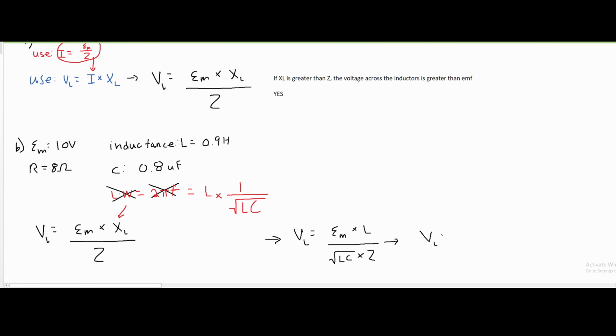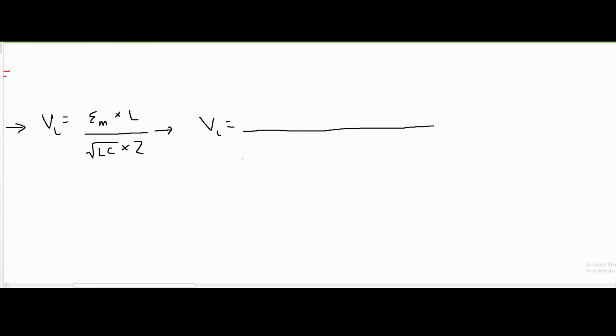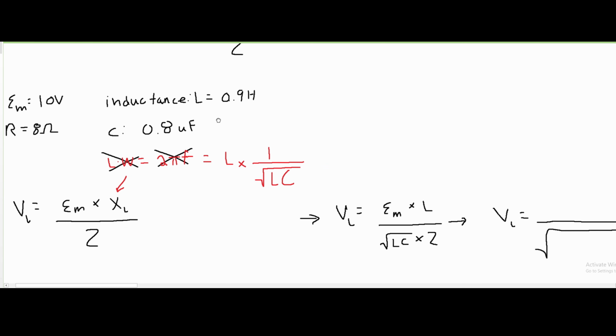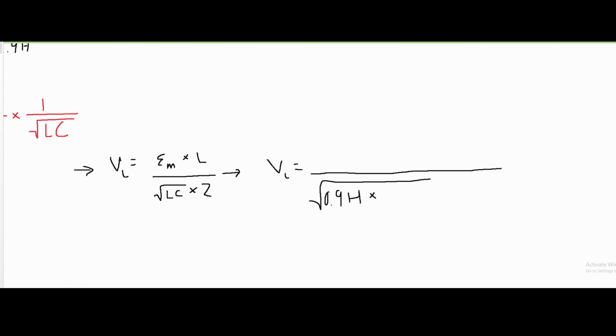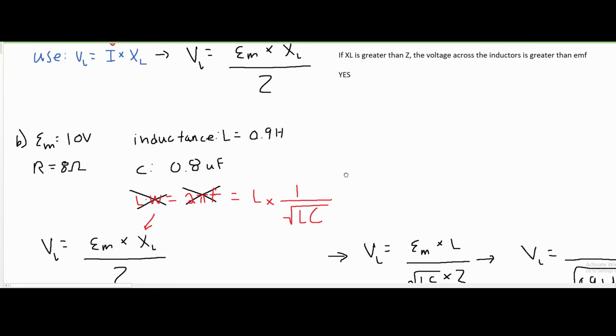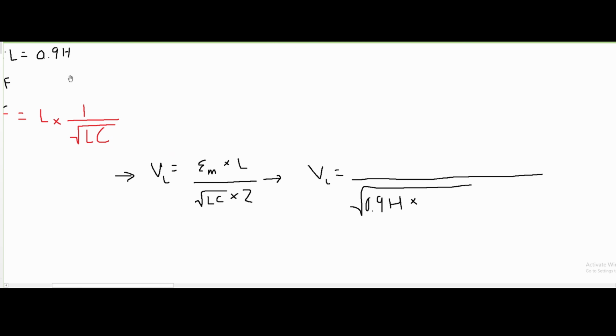Our V of L is going to be set equal to, and we'll do the denominator first. In the denominator, we have the square root of L times C. Our L is inductance, and that's going to be 0.9 henries multiplied by our C. And our C is 0.8 microfarads. We need to convert this, so it's going to be 0.8 times 10 to the negative 6 farads, all under the same square root.